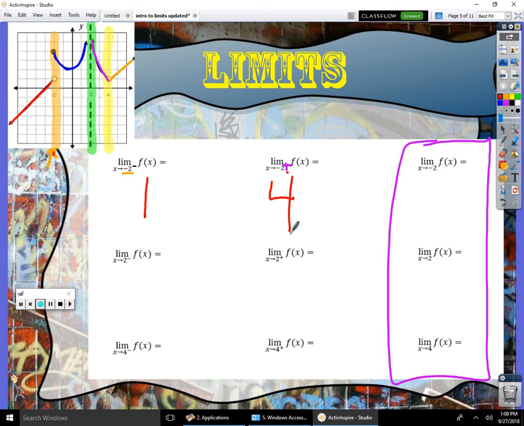No. Therefore, because these two are not in agreement, my limit at exactly -2 does not exist. They're not going to meet up. They don't match, so the limit at that point would not exist, because I'm not going to duke it out and find out who really gets the answer. Okay? All right.